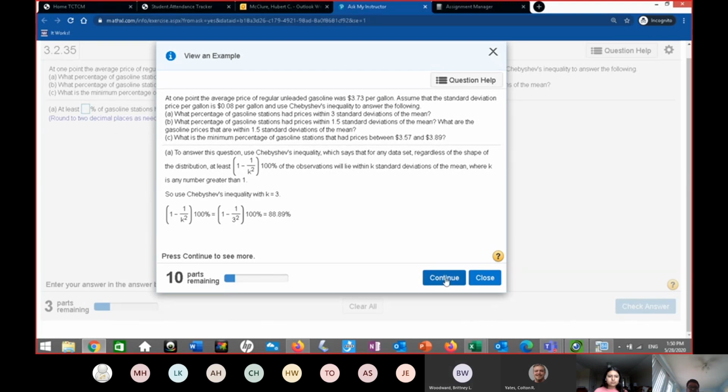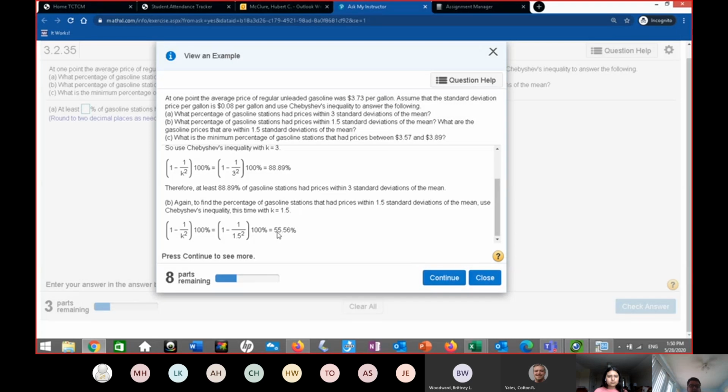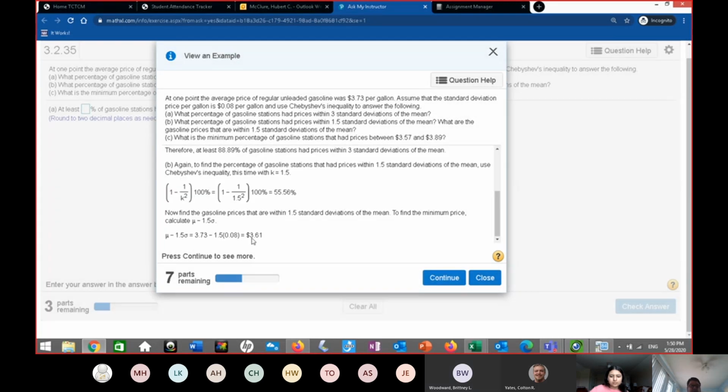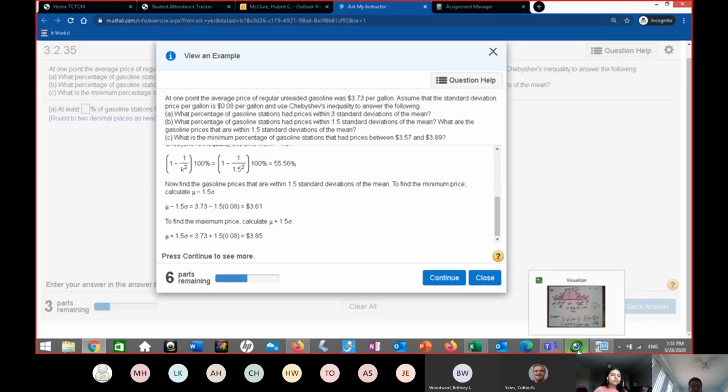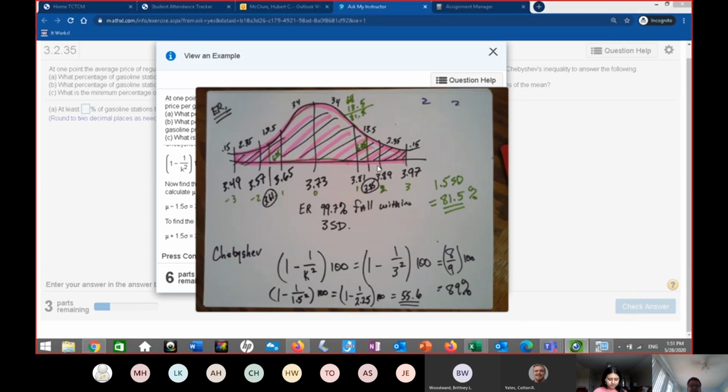So let's go down to B. There's B, 55.56. We got that. And it should come out with 3.61. We did. And 3.85 is our second one. How did I do that? I just went halfway between 3.81 and 3.89.